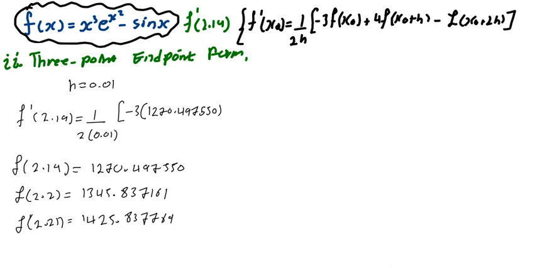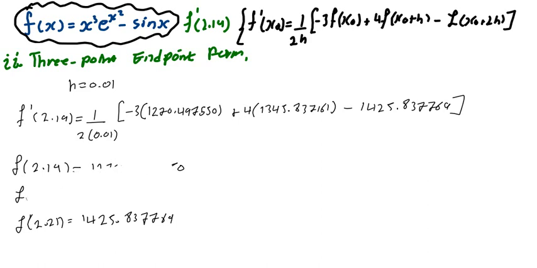1270.497550, then plus 4 open bracket, it will be 1345.83761, like that, minus the last one, which is 1427.8377769, and that's what we get.